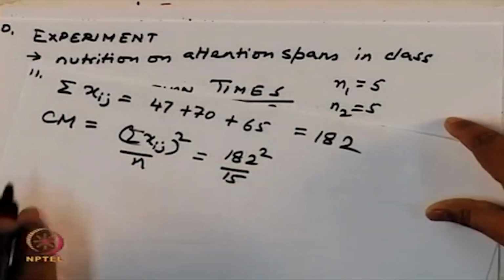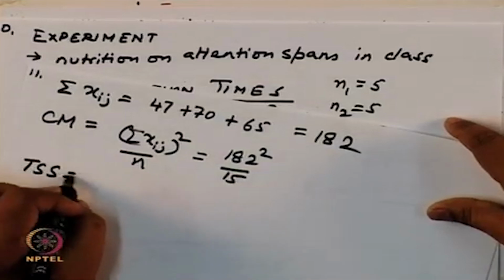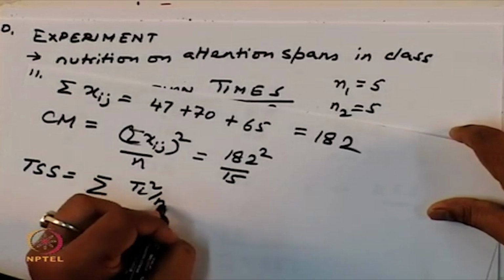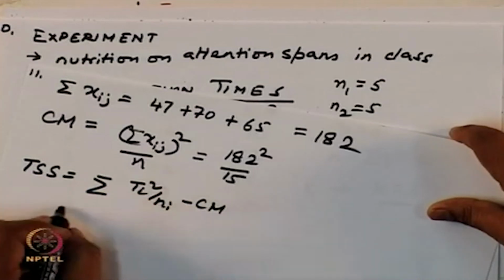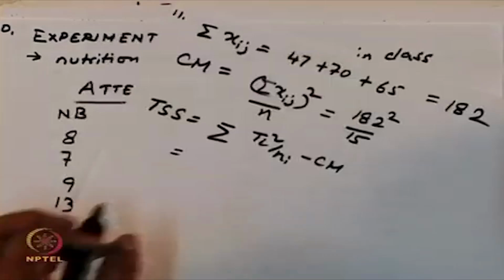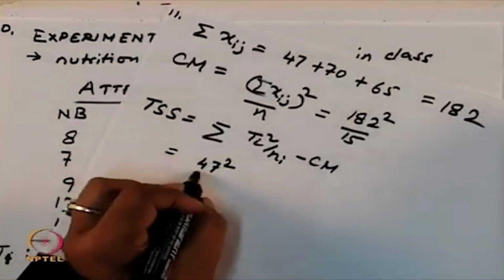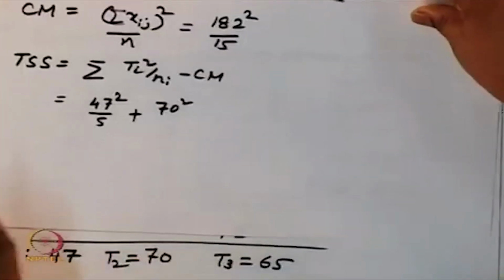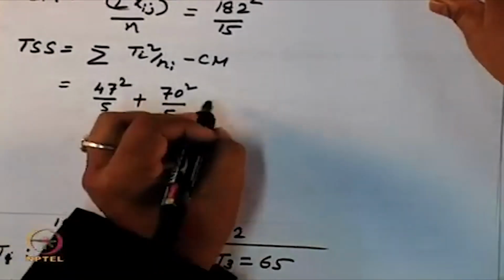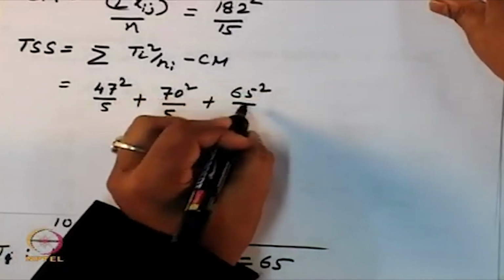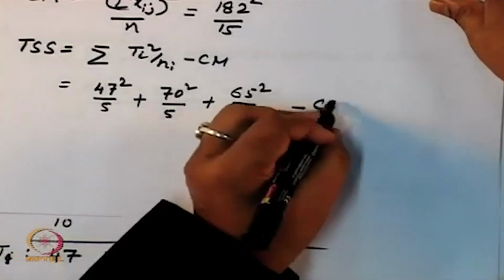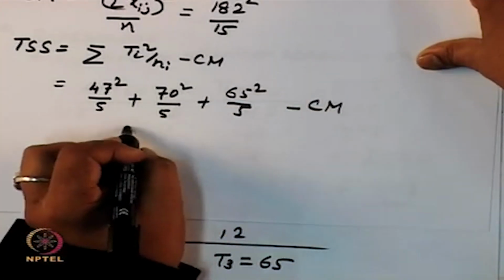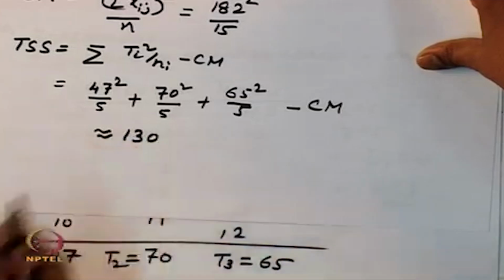Your SST is summation Ti square by Ni minus Cm, which you can calculate as 47 square by 5 plus 70 square by 5 plus 65 square by 5, minus Cm.